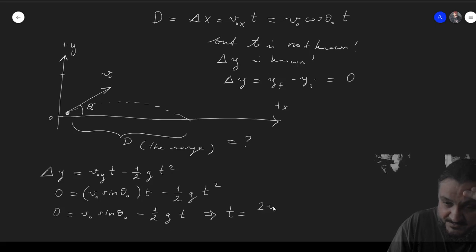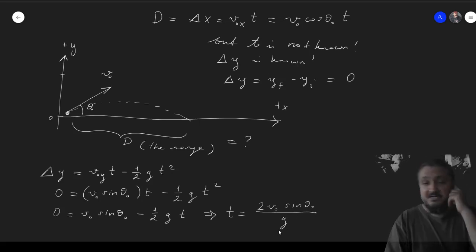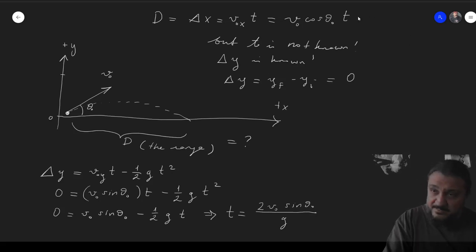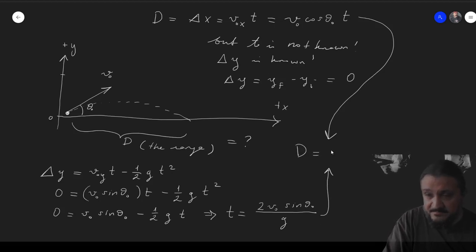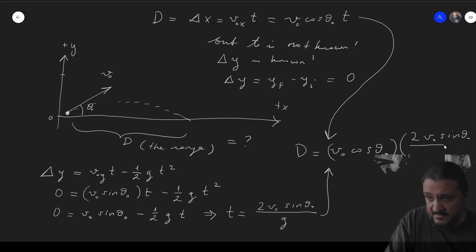So t is 2 v naught sine theta naught divided by g. Take that t and plug it in here. So d will be equal to v naught cosine theta naught times t, which is 2 v naught sine theta naught over g.